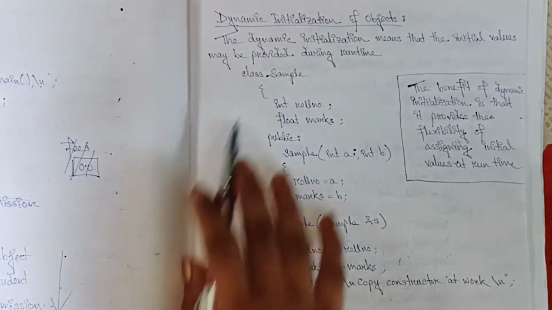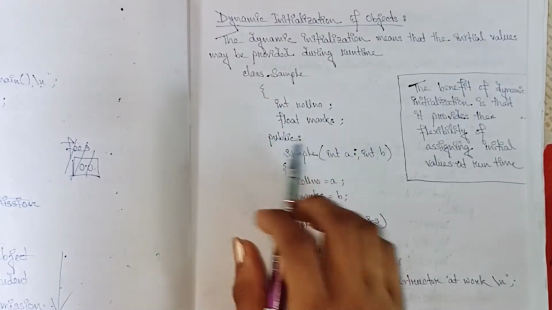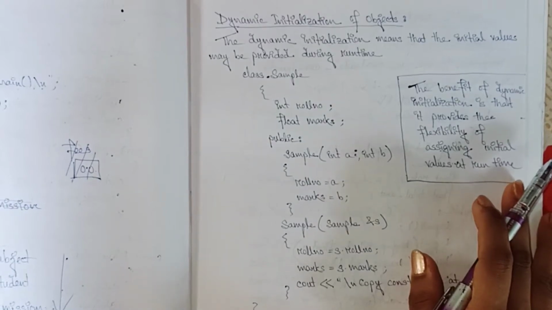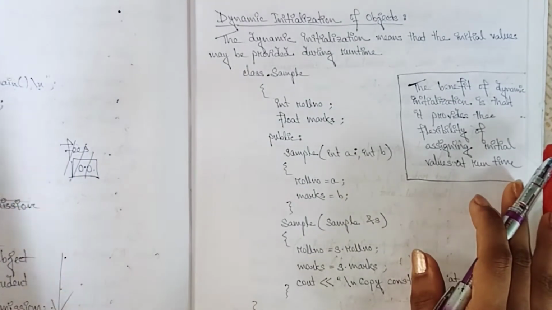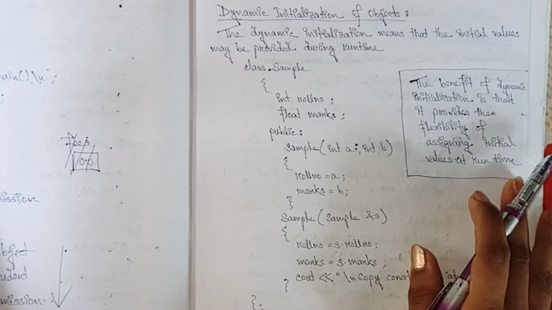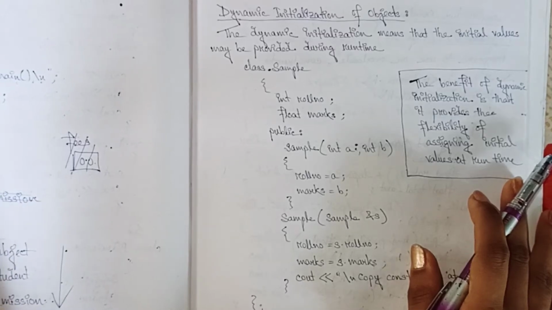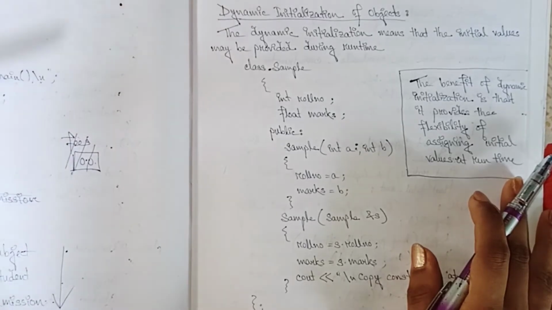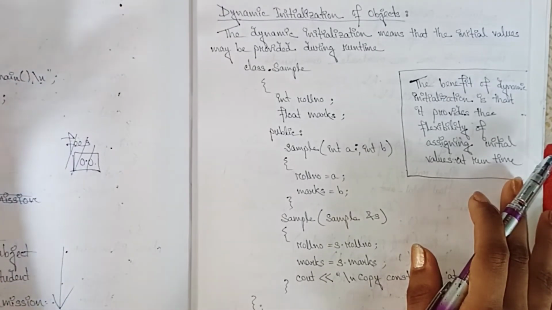Now let us see this particular code in which we will be using a constructor. In the earlier lectures we have seen how we use the constructor, and how we initialize the values or pass a particular value to an object, and that object invokes the constructor.